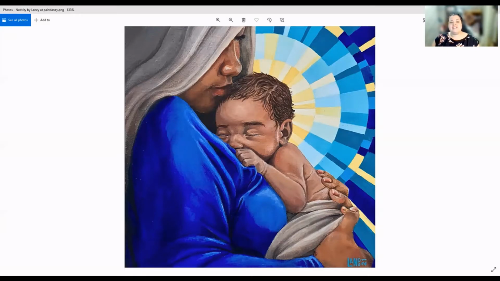Now close your eyes, and with your eyes closed, continue to see that part of the image in your mind's eye. Now open your eyes and look at the whole image. Gaze upon the entire picture.